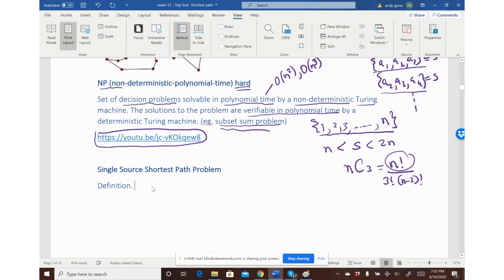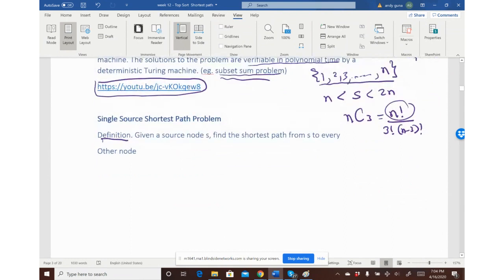Given a source node S, find the shortest path from S to every other node. So what this says is that given a source node S, start from somewhere, and then find the shortest path from S to every other node.